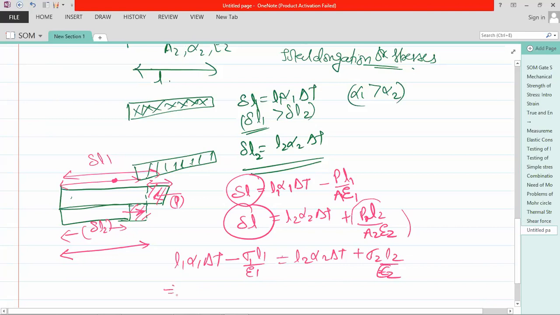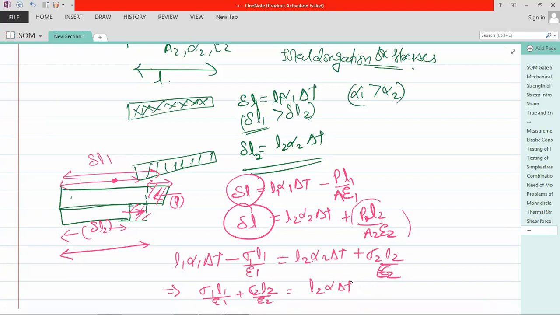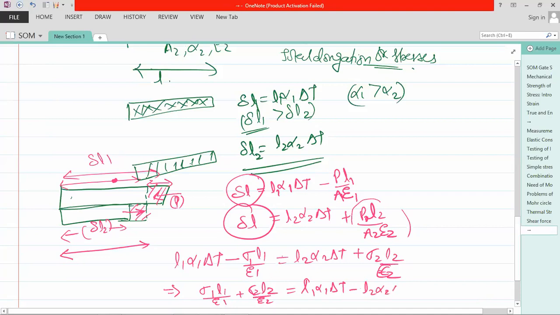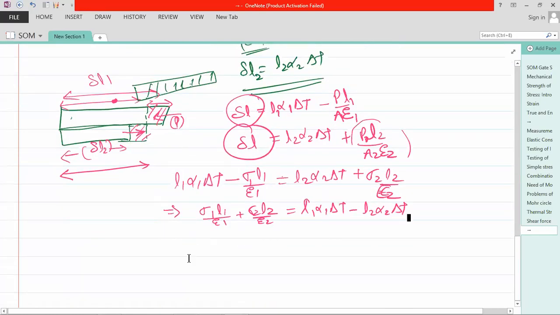Now if we transpose that part, sigma 1 L1 upon E1 plus sigma 2 L2 upon E2 is equal to L1 alpha 1 delta T minus L2 alpha 2 delta T. And the initial length is given as equal, so L1 is equal to L2.